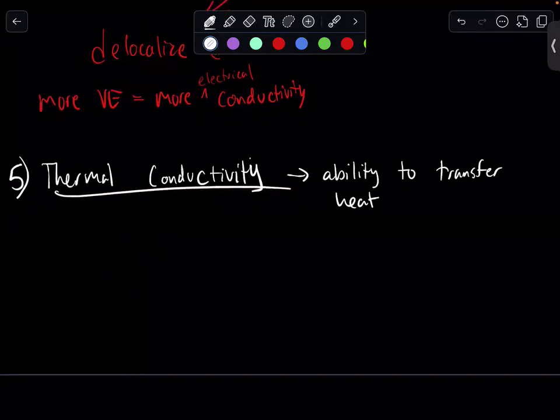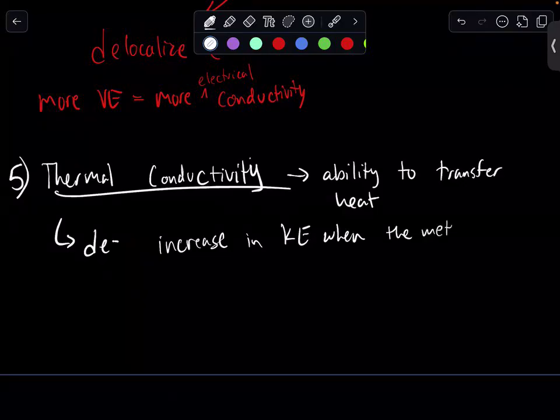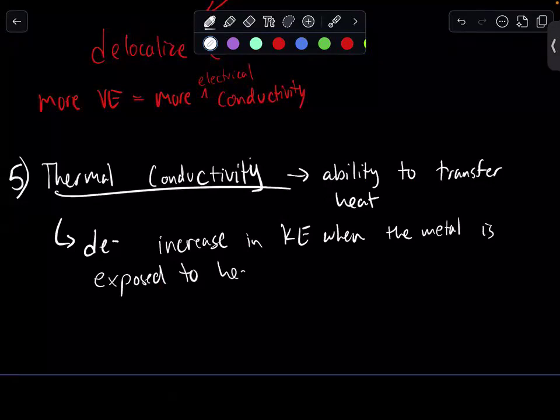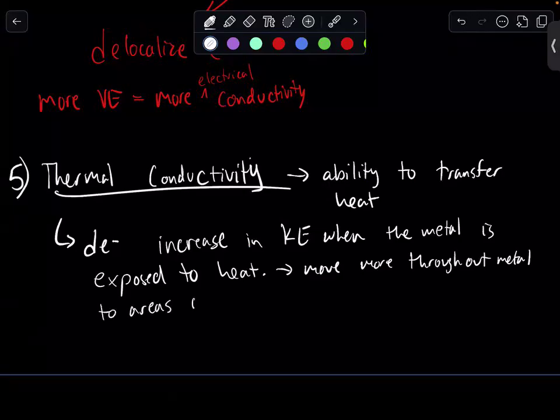Now, once again, of course, this is due to our delocalized electrons, which increase in kinetic energy when the metal is exposed to heat. When they increase in energy, they move more throughout our metal, and they end up in areas of low kinetic energy.